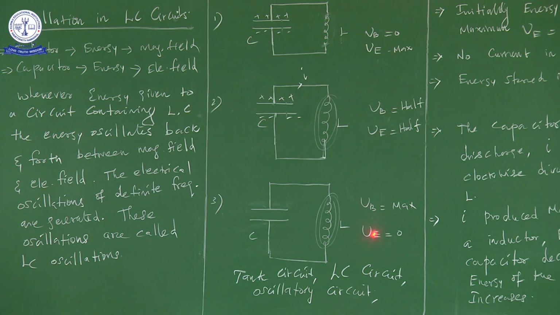So this is the opposite condition to the first. In the first, the magnetic field energy was 0 and the electric field energy maximum; here the magnetic field energy is maximum and the electric field energy is 0. So the energy from the capacitor moves towards the inductor. In the first stage, the total energy in the capacitor is sent over to the inductor, which receives the energy in the form of current that is converted into magnetic field and stored.